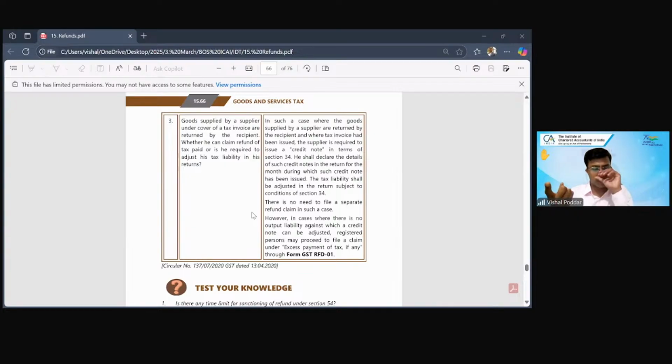Again, you make an application, but this time while making the application, you select the application on the basis of order. Now, when you make this application of refund on the basis of order and you are not given the refund within 60 days of this application, which application? Refund application after the order is received, then the rate becomes 9%. Understood, beta?